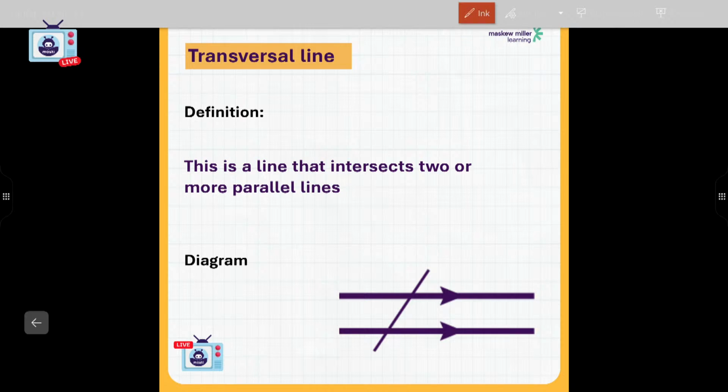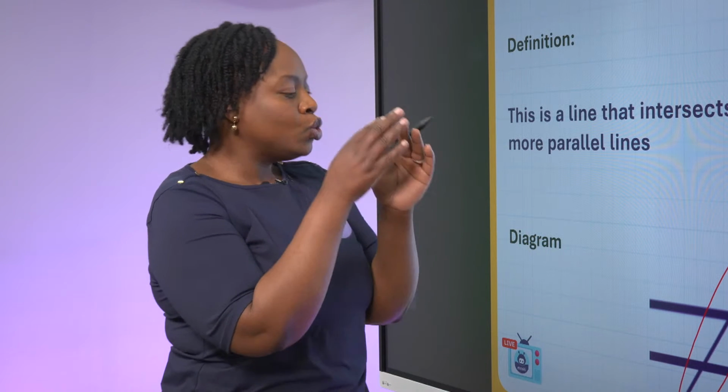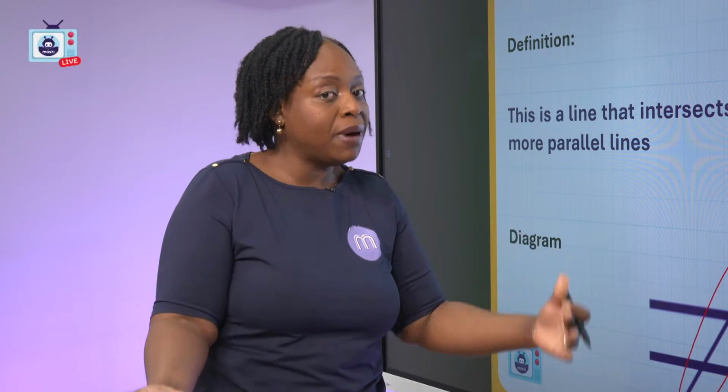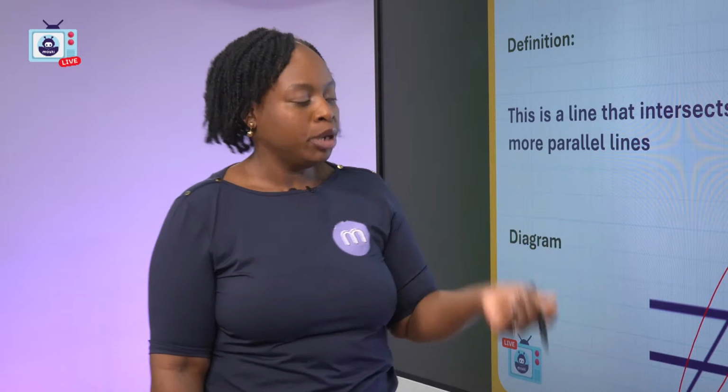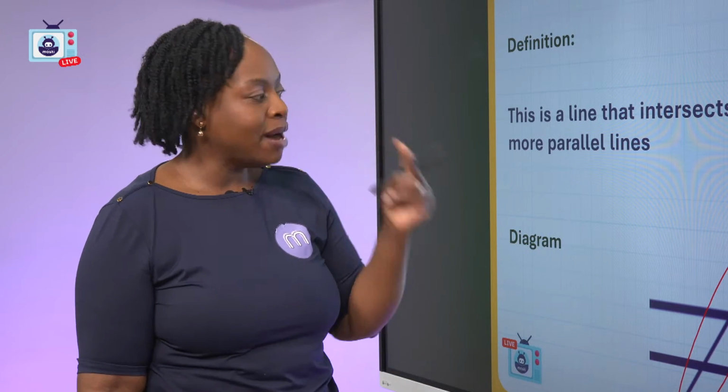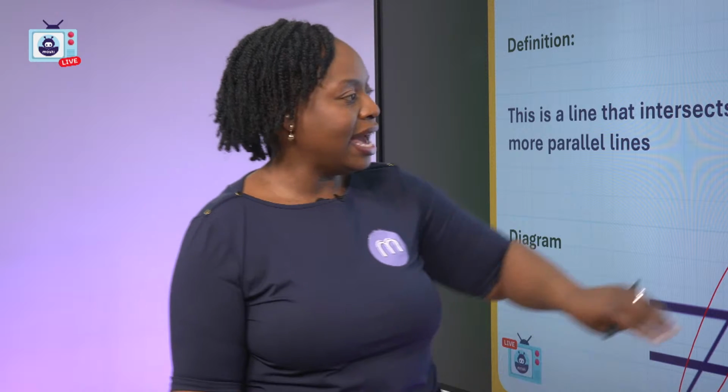What does a transversal line mean? It just means that it intersects two or more parallel lines. If they are not parallel, then the line is not really called a transversal. It's called a transversal line because it intersects two or more parallel lines, right?